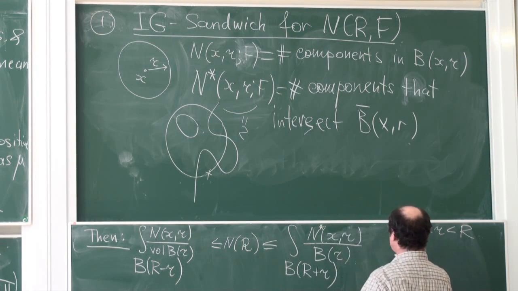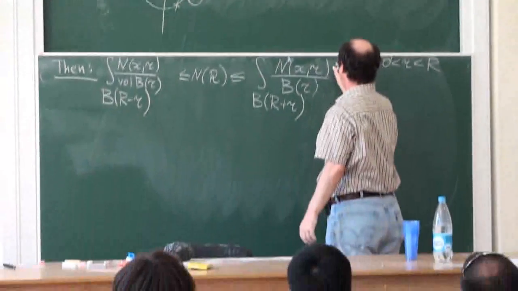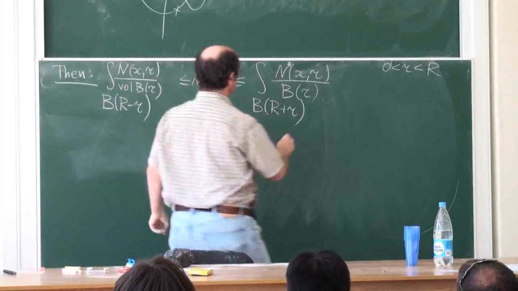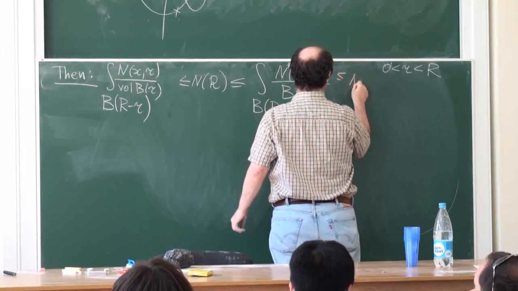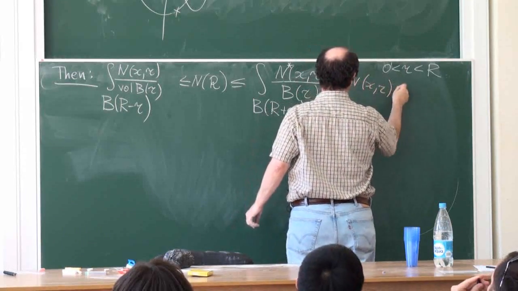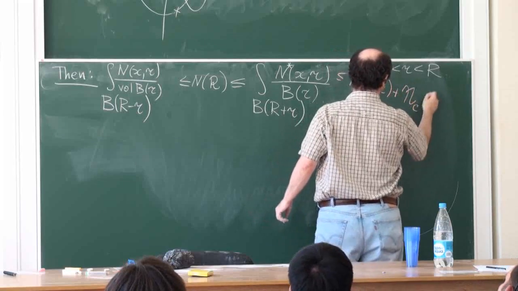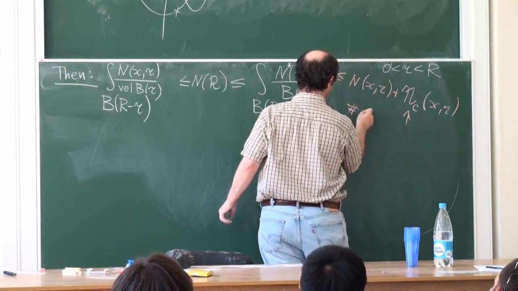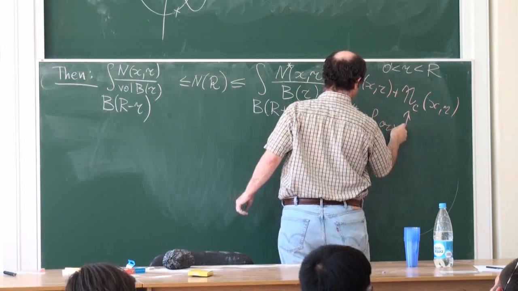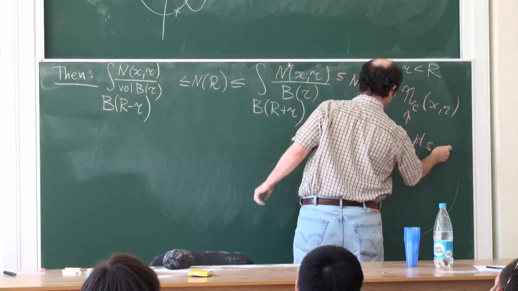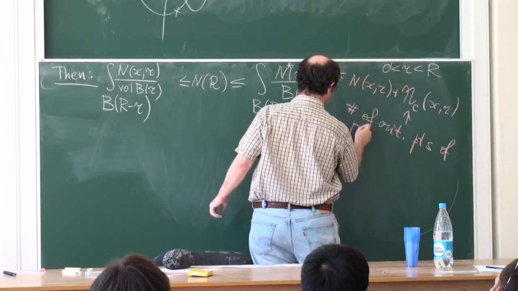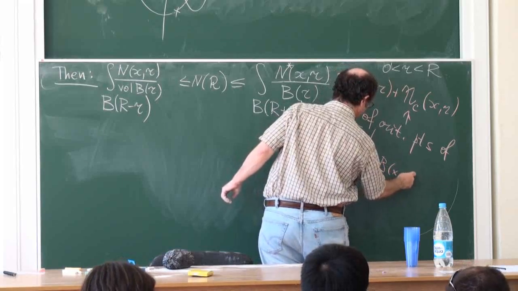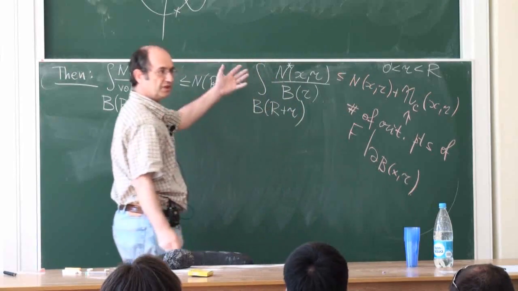So I may estimate n star by n of xr plus nc of xr, where nc is the number of critical points of the restriction of f to the boundary of our ball. This is just an obvious bound.